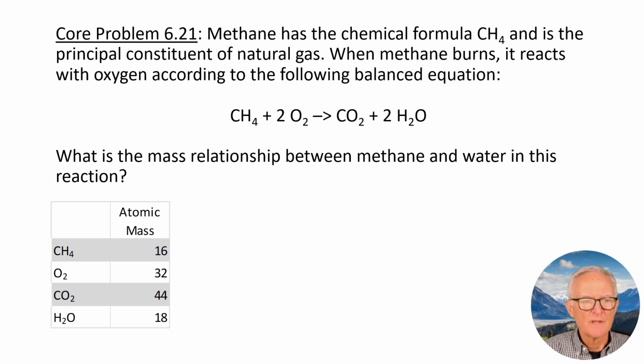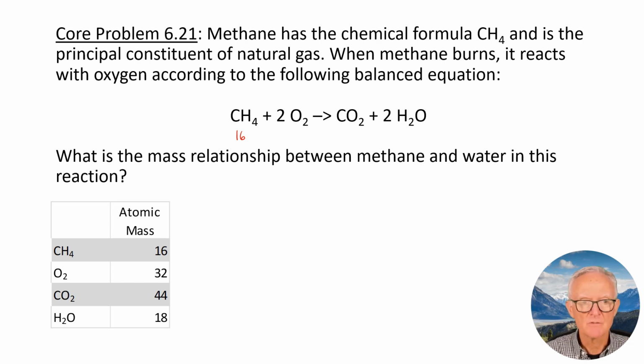We want to know what the mass relationship is between methane and water in this reaction. So for that, we use the mass ratio. So what are the masses? Well, in this reaction, methane is 16. Oxygen has a molecular mass of 32, and the numbers are in the lower left there.